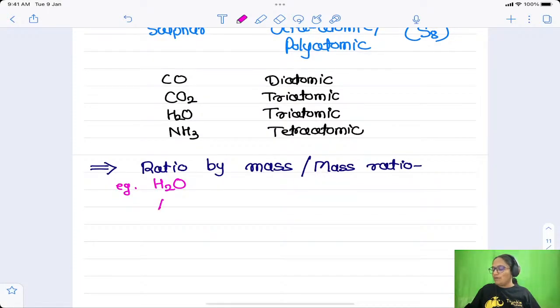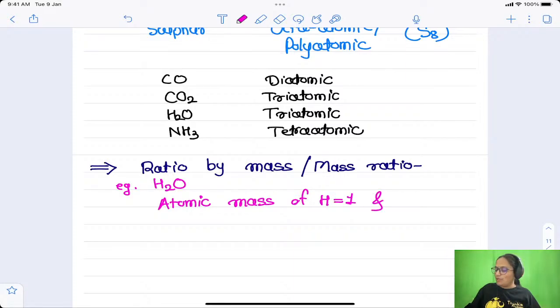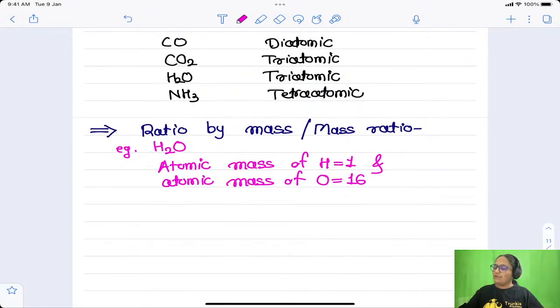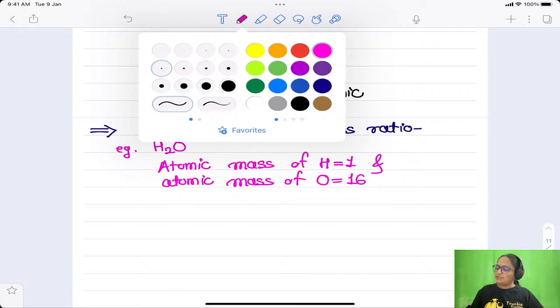We know the atomic mass of hydrogen is 1, and the atomic mass of oxygen is equal to 16. We have seen this in the table, right? Now therefore, what will be the ratio?